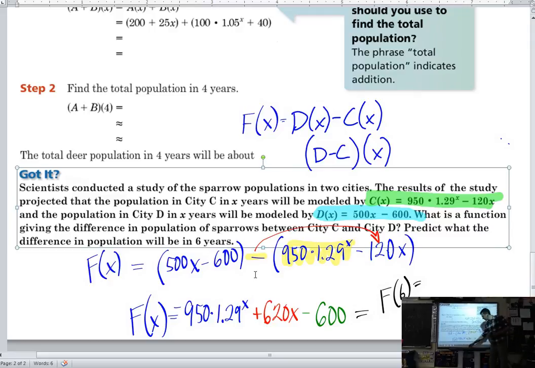So I'm putting parentheses here, is what I'm saying, just to make sure that stays grouped together with nothing else jumbling in with it. Then saying plus 620x minus 620.